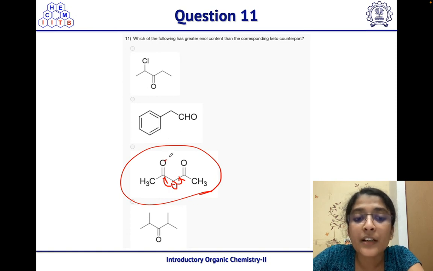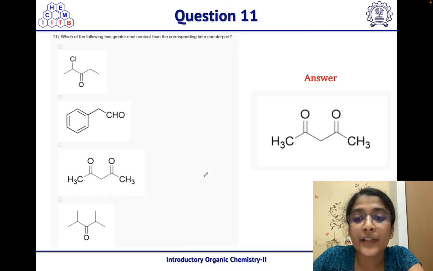Also here when an enol is forming on one side, it can form hydrogen bonding interaction with this ketone, resulting in a six membered system, and because of that this will give more enol content. So our correct answer will be this one. Is this clear?